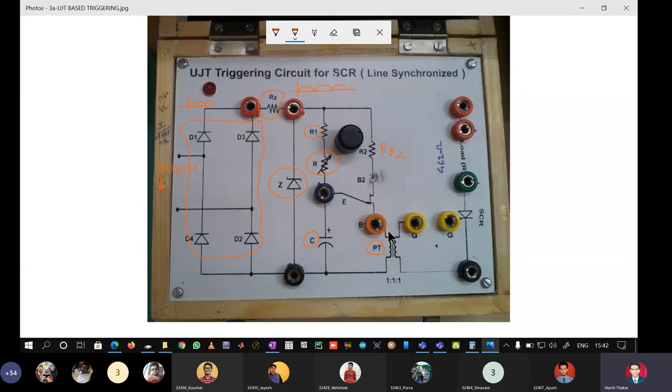The pulse transformer's primary winding acts as RB1, and transformer windings have very low resistance. That is why our statement that the charging path resistor R is much greater than RB1 is very much satisfied in our circuit, because RB1 is nothing but the primary winding of the pulse transformer.